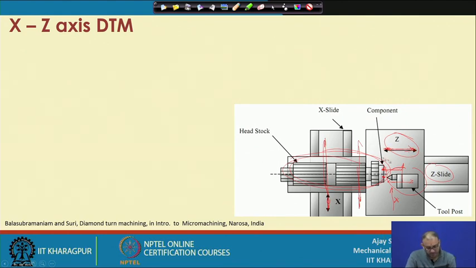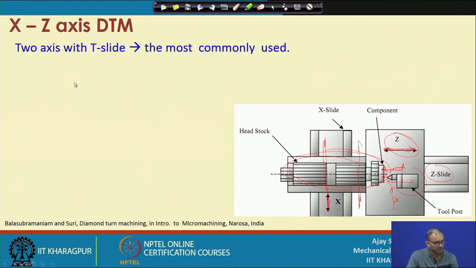Other than that, you can actually control the location where you want to do machining of a different shape on the workpiece, if this freedom is given to the workpiece, not to the tool. So, it is a 2 axis machine with T slides. Why is it called a T slide?